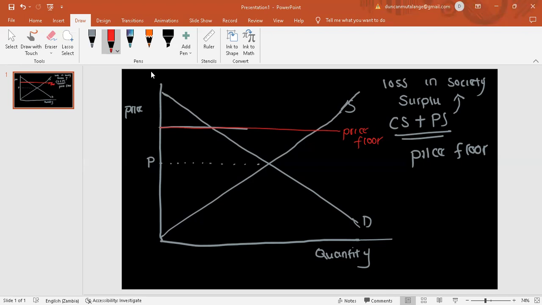So when it comes here, we're going to consider the what? The demand, isn't it? So at this point, this is the quantity that is going to be produced in the society. So you don't look at the supply, you focus on the demand.